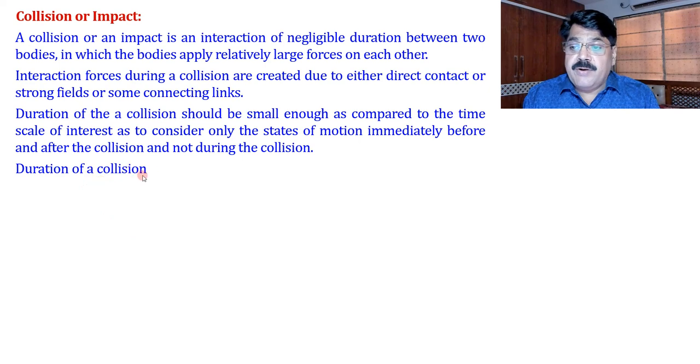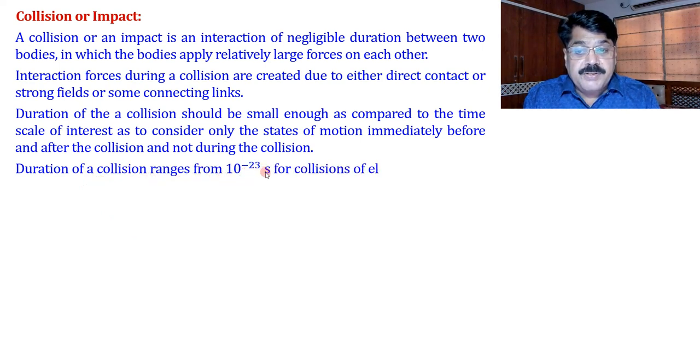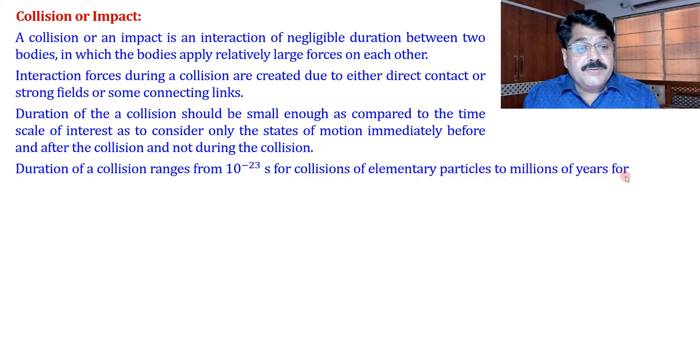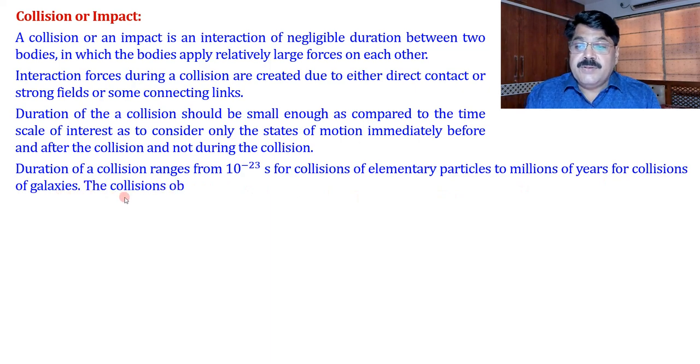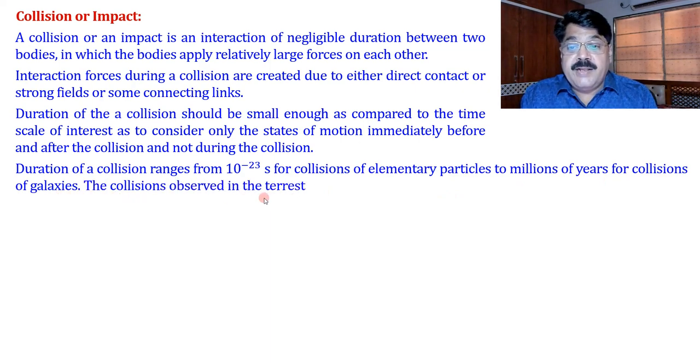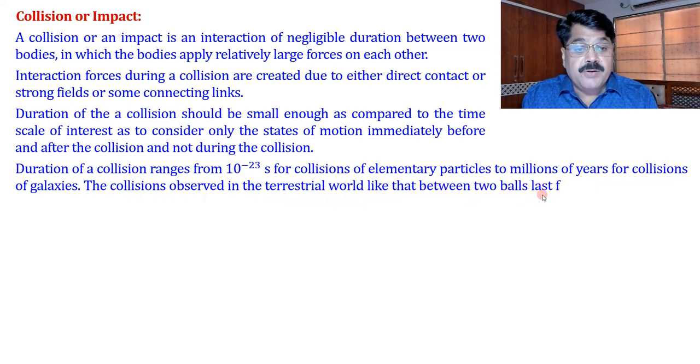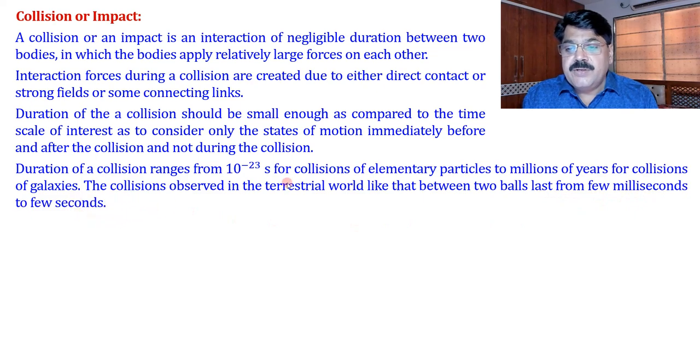The duration of a collision ranges from 10⁻³ seconds for collisions of elementary particles to millions of years for collisions of galaxies. Collisions observed in the terrestrial world, like that between two balls, last a few milliseconds to a few seconds. So that is a typical duration of collision.